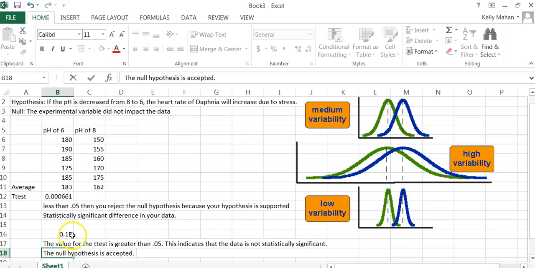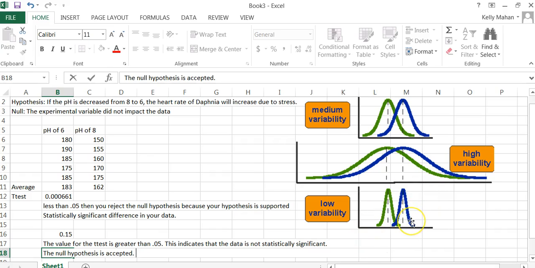So this number right here would indicate a set of data that's like this. You might say, oh, well, it looks pretty good. Remember, 85% sure that they're different, but I'm still 15% not sure. And 15% uncertainty isn't good enough for a scientist. But this number, less than 0.05, this is great data.